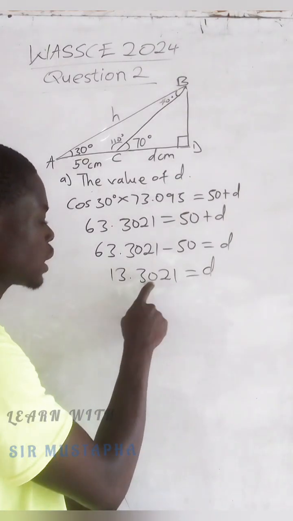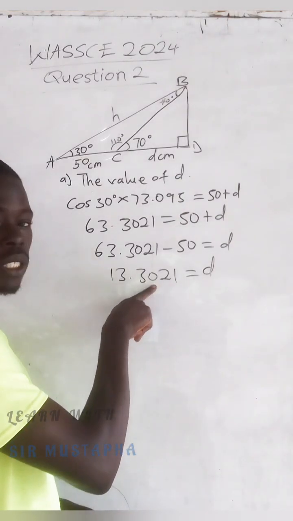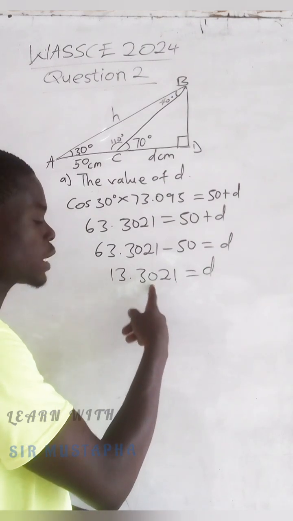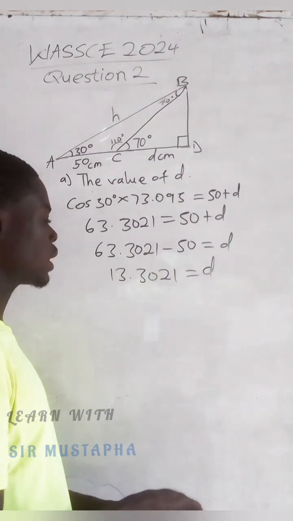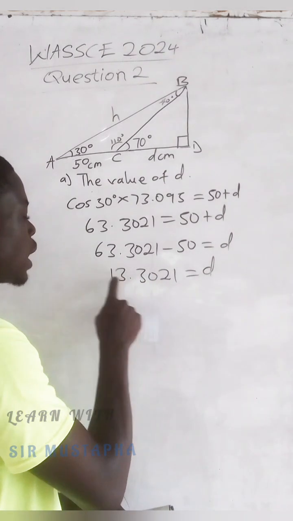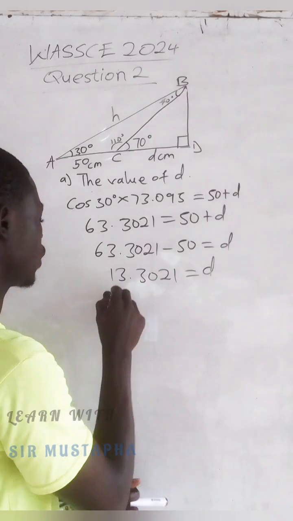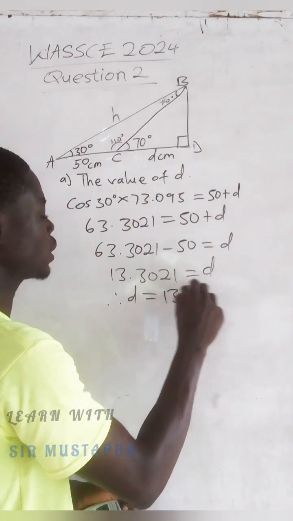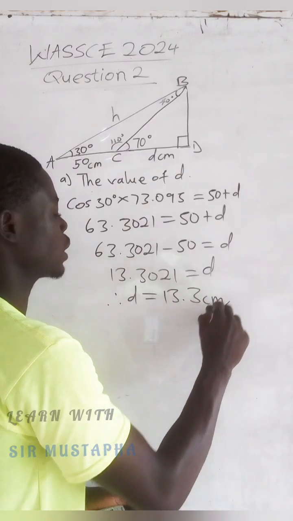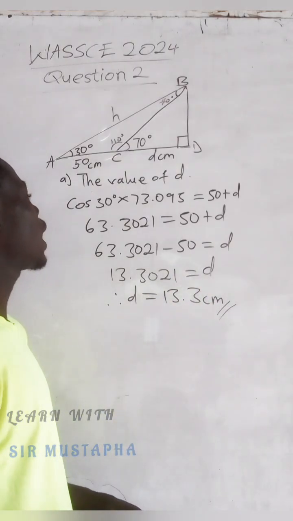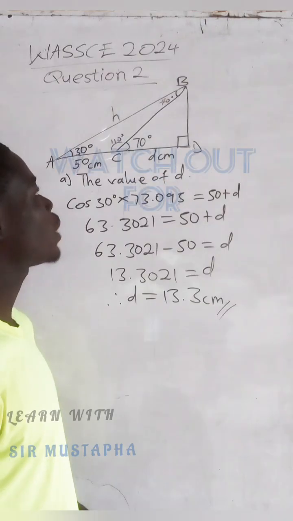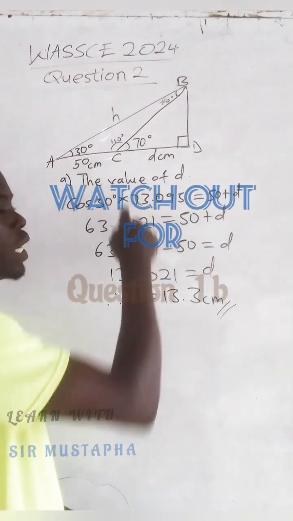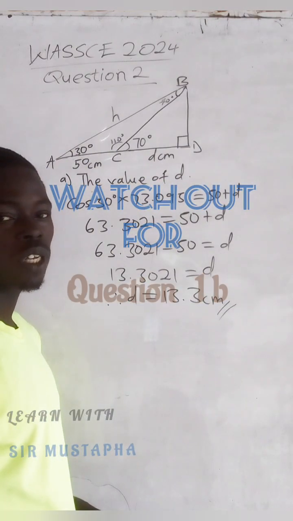After the 3, we have 0, and 0 is less than 5, so you will not add anything. You just leave it. That is 13.3. So therefore, the value of D is 13.3 centimeters. And this is the answer for WASSCE 2024 question 2A. Let us quickly do the B.